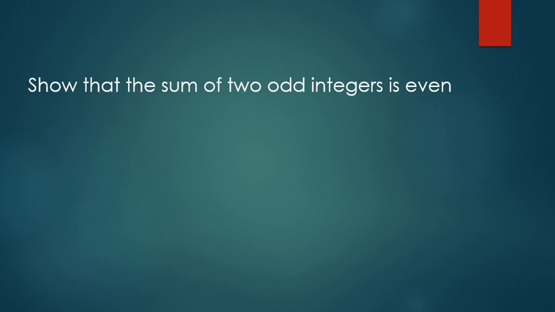So this one might be a good sample to see where we would use that first step here. The statement is again saying, show that the sum of two odd integers is even. Another way that we can say this is for all integers, and we're going to need two of them, so let's just give them some arbitrary names. Let's call them a and b. For all integers a and b, and now what follows that quantifier?